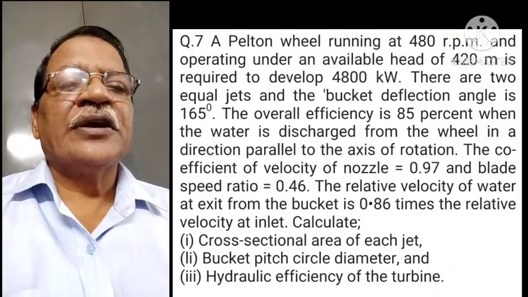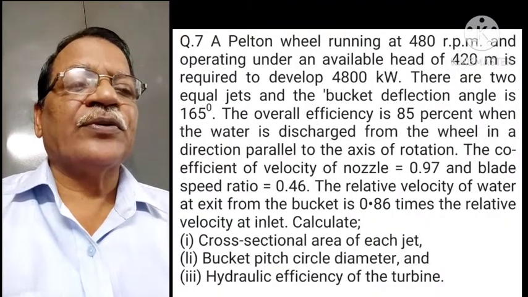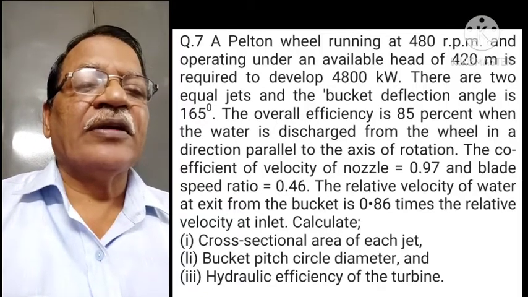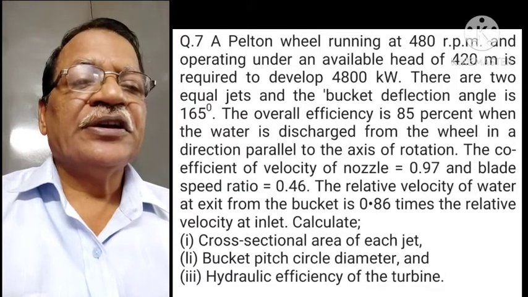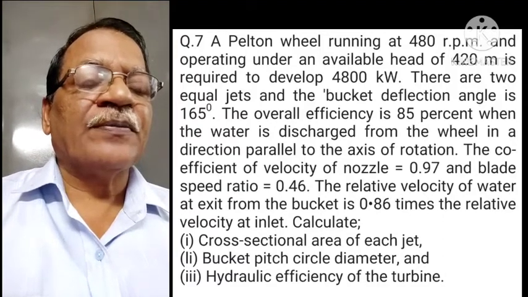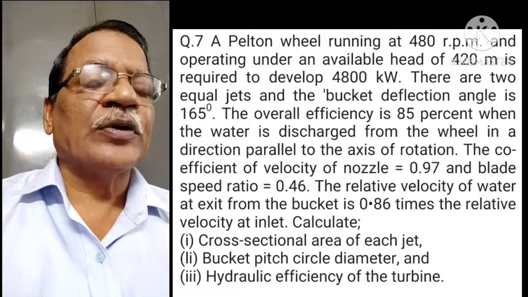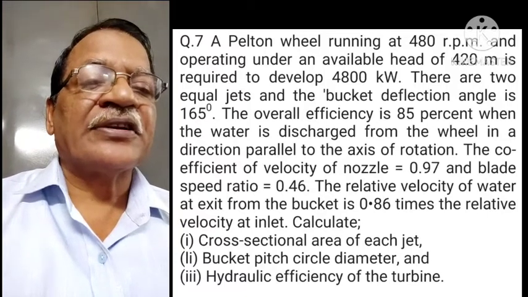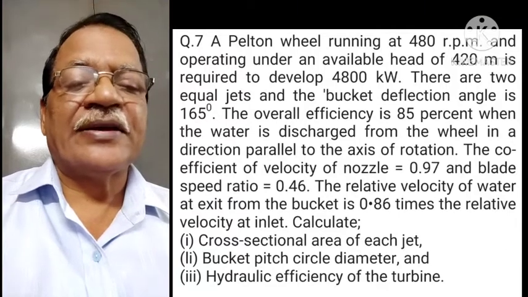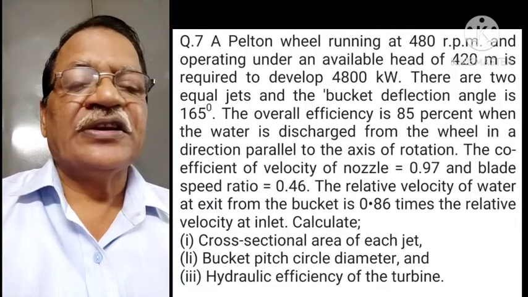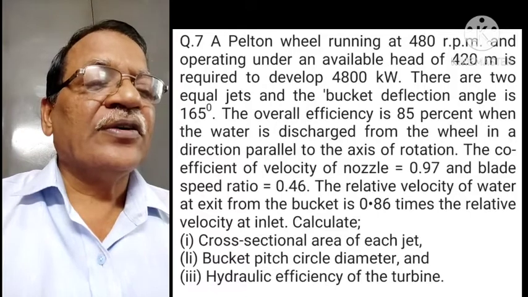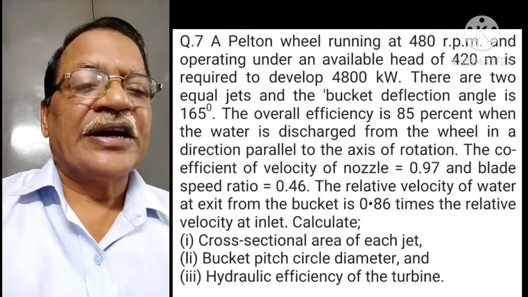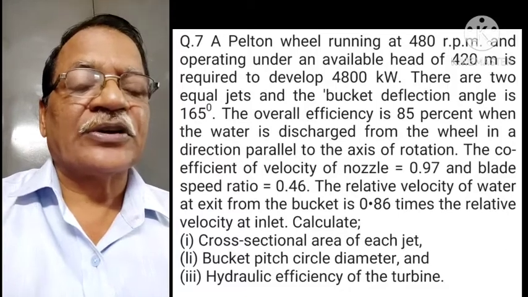Question number 7. A Pelton wheel running at 480 rpm and operating under an available head of 420 meter is required to develop 4800 kilowatt. There are two equal jets and the bucket deflection angle is 165 degrees. The overall efficiency is 85% when the water is discharged from the wheel in a direction parallel to the axis of rotation.